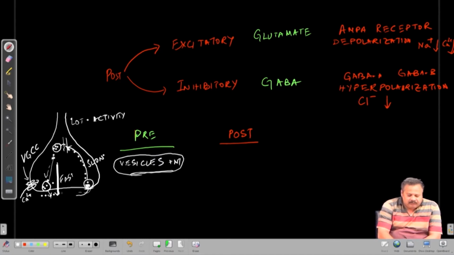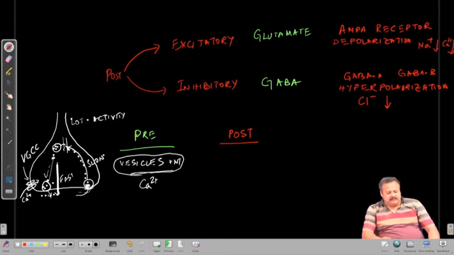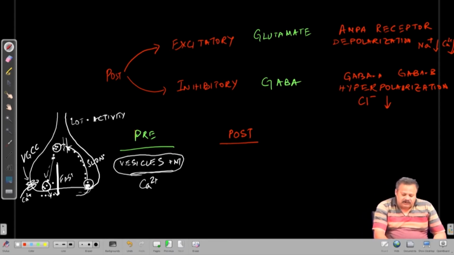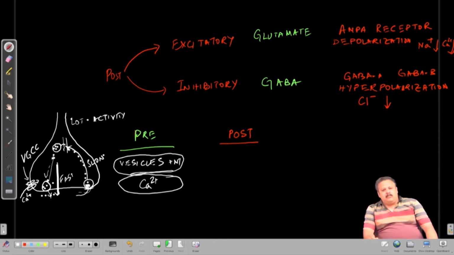So, if there is a larger basal calcium concentration or build up of calcium inside the terminal, or even if the outside calcium concentration is changed, then the presynaptic side's effect on the synaptic current on the postsynaptic side can be altered. So, both the calcium as well as the neurotransmitter can influence synaptic transmission. So, these are on the presynaptic side.